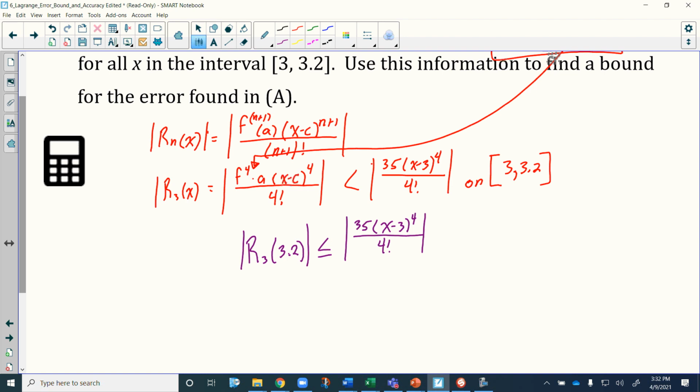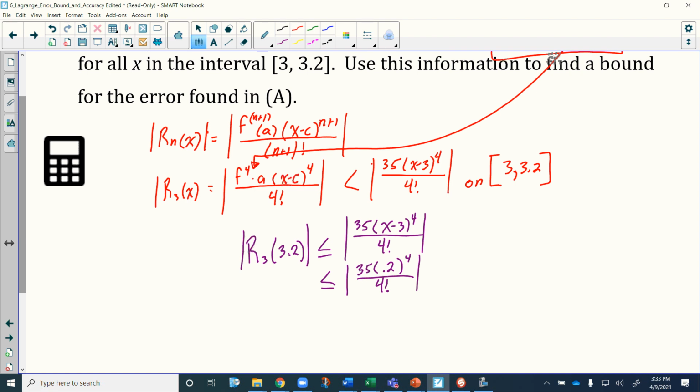And of course, now I'm going to replace the x with the 3.2 value that we have. So we have 35 times 3.2 minus 3, which is 0.2 to the 4th power over 4 factorial.